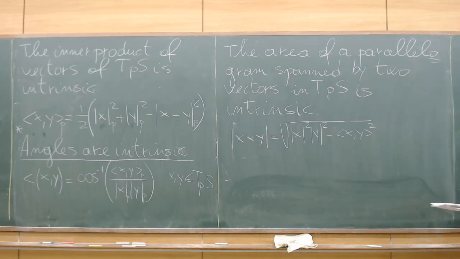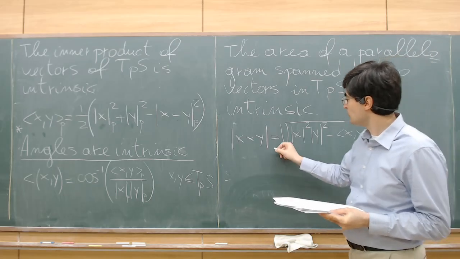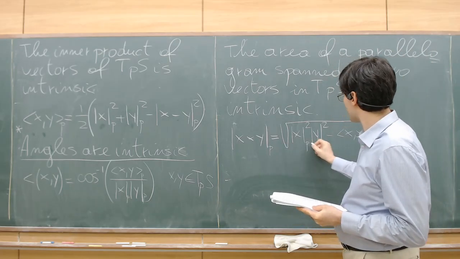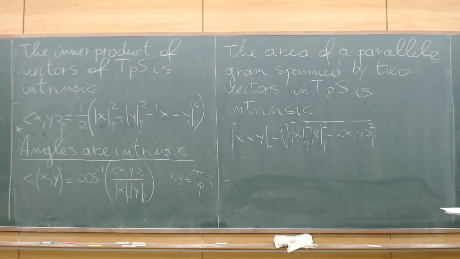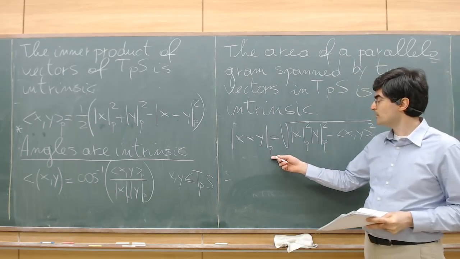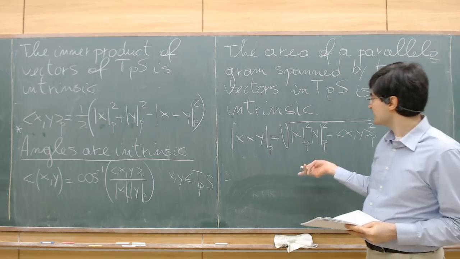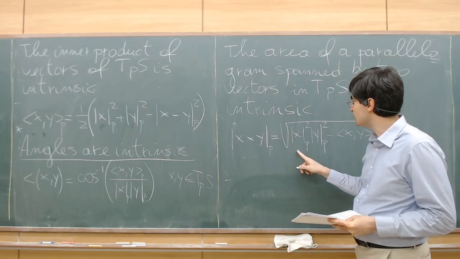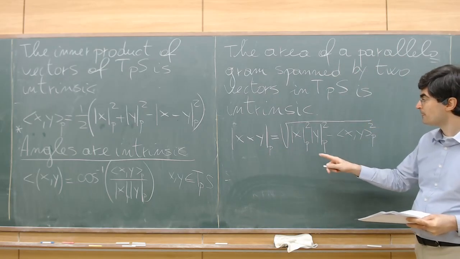Once again, if you consider vectors in TpS, this formula can be written as the previous one by adding the subscript p everywhere. And once again, I was able to write a formula in terms of only the first fundamental form.